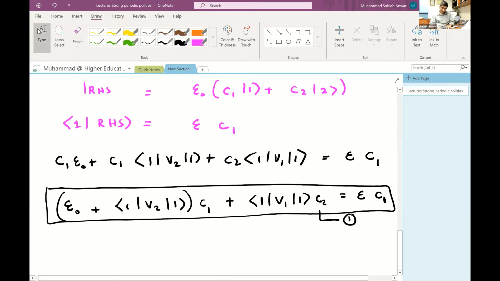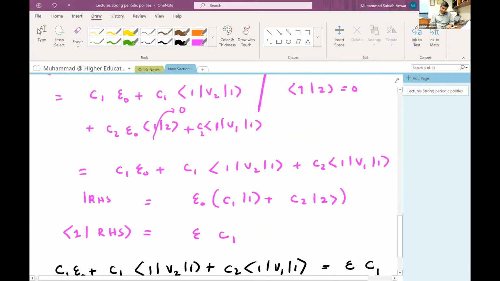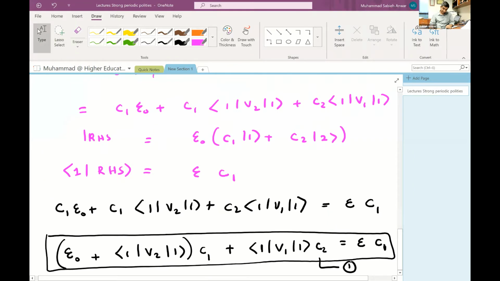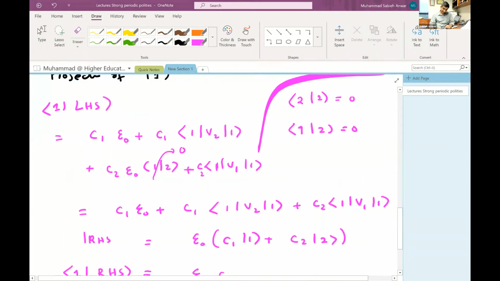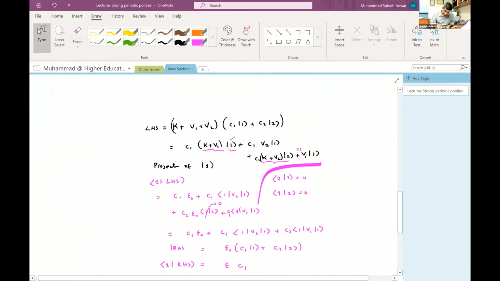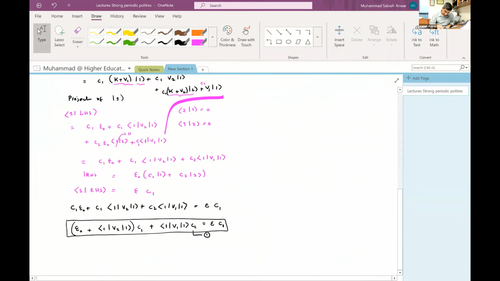Now if I were to take the left hand side and find its projection onto ket2 instead. So let me see what the left hand side is again. Here it is. So let me try to reduce the size a little bit so that I can see everything in one go.